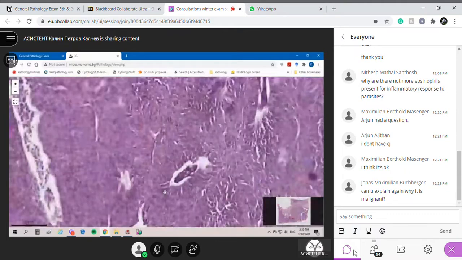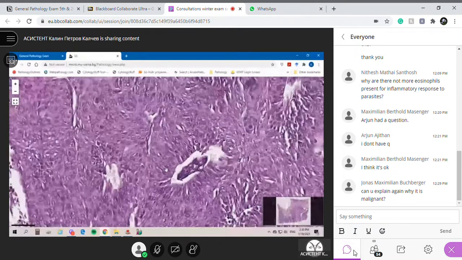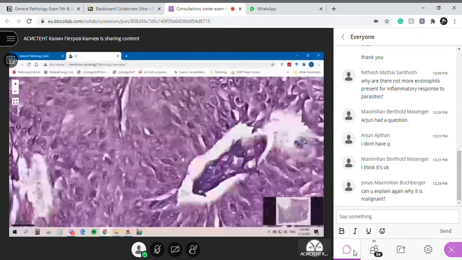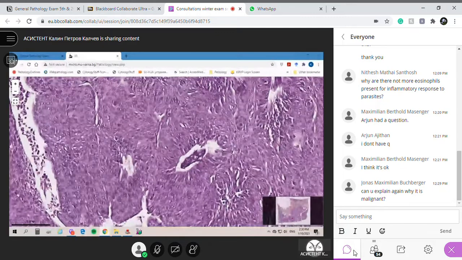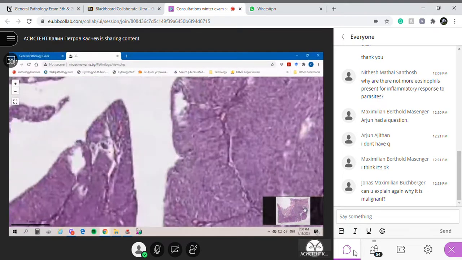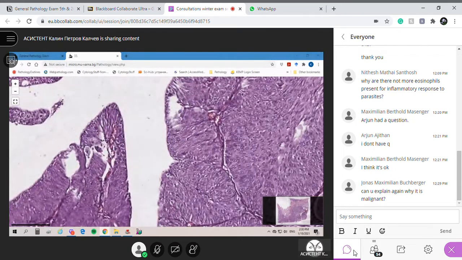They differ very much from the originating cells. You see, I will show you the normal urothelium. Over here.